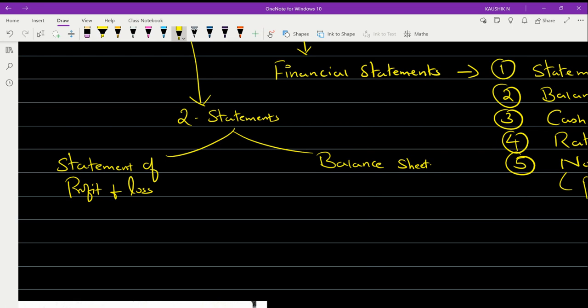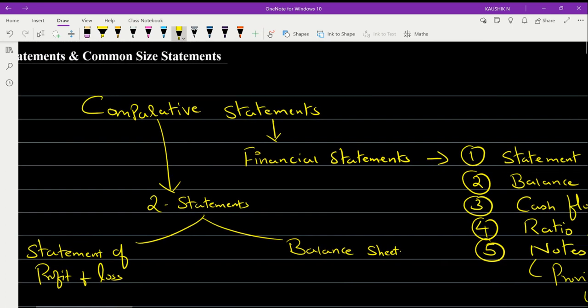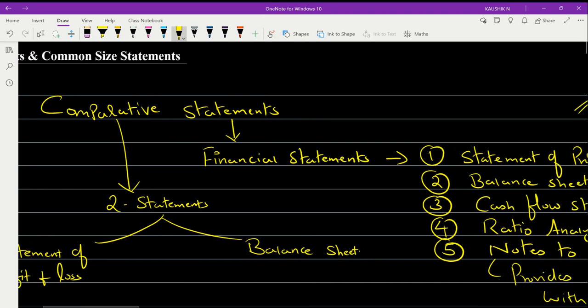When I say comparative statements, it is applicable only on the financial statements, and it is possible only on these two financial statements, P&L and the balance sheet. But we have some types of comparison. We have two different types of comparisons.